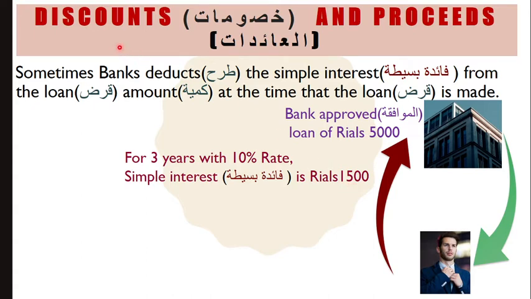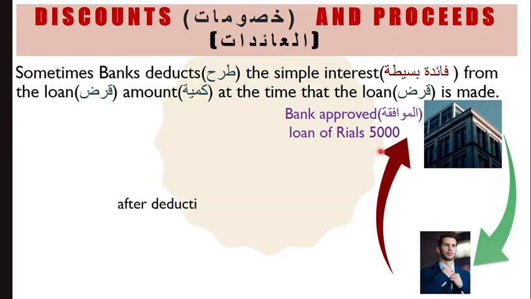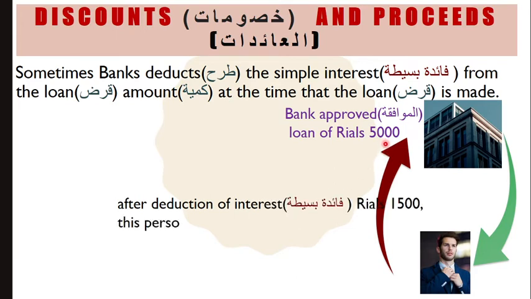So here in the discounts, they will deduct the simple interest from the loan amount at the time that the loan is made. So immediately they will remove this 1,500 from 5,000. So after deduction of interest of 1,500 riyals, this person receives 3,500 only.